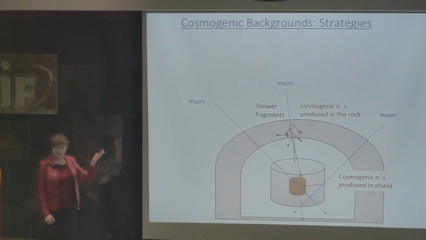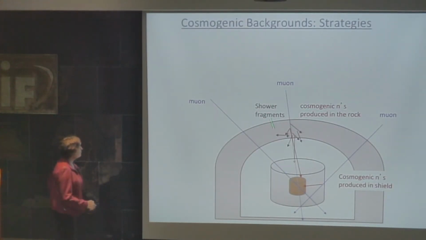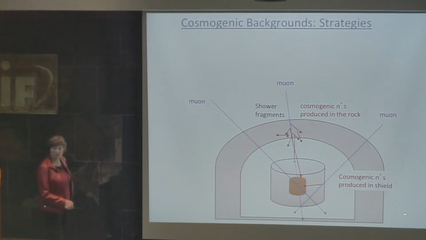So here's a cartoon, and let's look at all the different ways that the muons are bad for induced backgrounds. So you can have a muon that gets through, and this is your detector, this is your shield, this is the cavern. A muon can interact with your shielding and produce a neutron. It can interact all the way down through the rock.